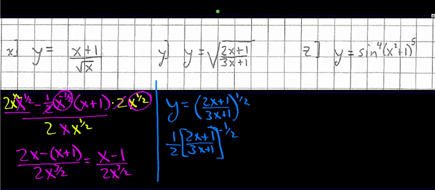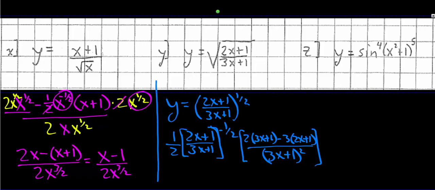They're just using power rule, times the derivative of the top times the bottom minus the derivative of the bottom times the top, all over the bottom squared. And then you can simplify that. For the sake of time, I'll just leave it like that.